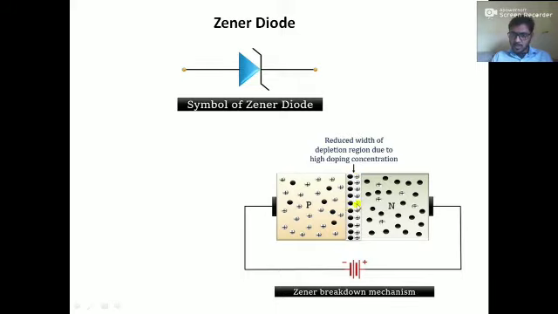Because it is very thin, the field produced inside the junction is very high, so the field pushes this electron, and it moves from the N region across the boundary, and in this way the electron is flowing, and therefore the current is flowing through the circuit.